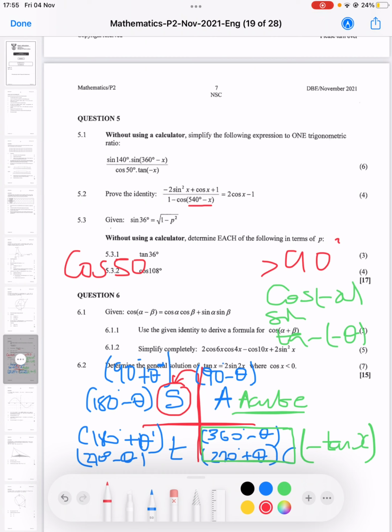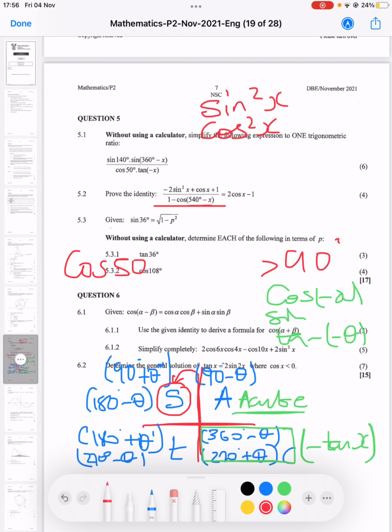And also when you have a sine squared x or cos squared x, you might need to try and work them out such that whatever you have in the identity, you make them look alike.